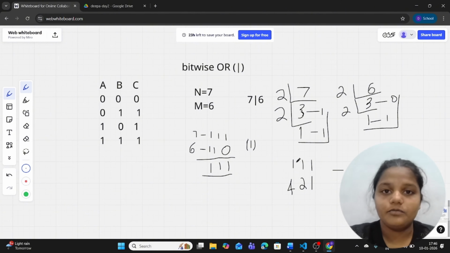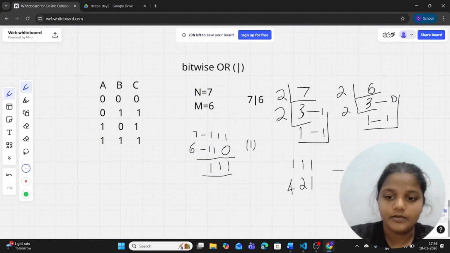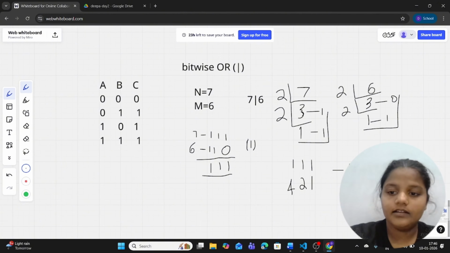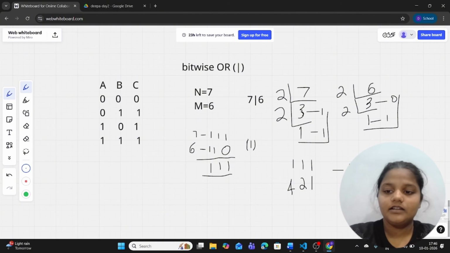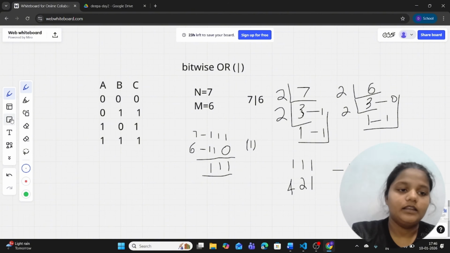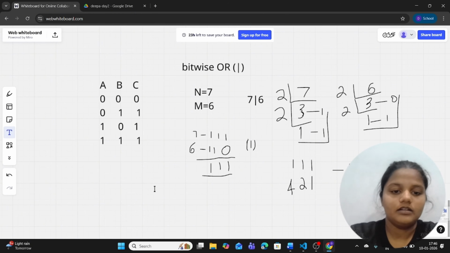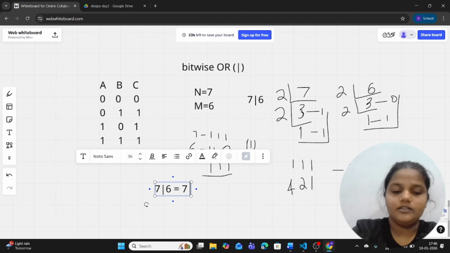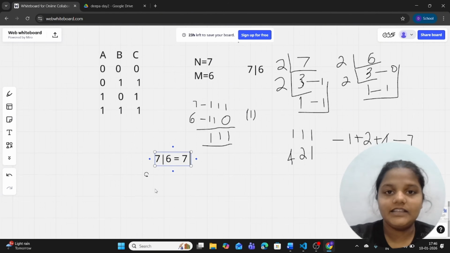First we have 1 and the corresponding value is 1. Then plus, in the second position also we have 1, so plus 2. In the third position also we have 1, so plus 4. Now if we add it, we will get 7. So the output for 7 OR 6 is 7. Okay, we will see another example.